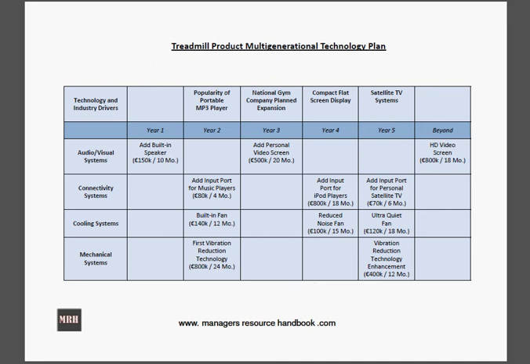So if you look for year 3 there, for the National Gym Company planned expansion, just below that, the audiovisual systems, you'll see that maybe that's when you start looking to add personal video screens, and it's going to cost you 500,000 euros and take 20 months to develop. So it helps time when you're going to introduce technology, and how much, in this case, it might cost you. So again, a very similar set of information, it's just displayed differently.